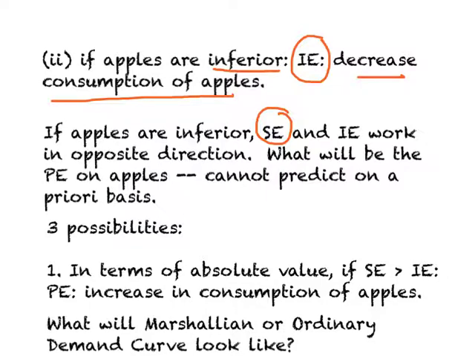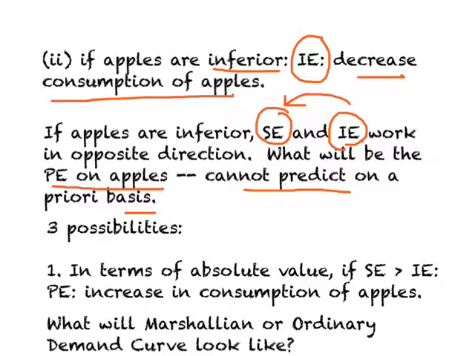That is, when apples become relatively inexpensive, substitution effect tells us there will be an increase in consumption of apples. But what about income effect? Income effect will work opposite to the substitution effect. Now, what will be the impact on apples in terms of price effect? We cannot predict this on an a priori basis.